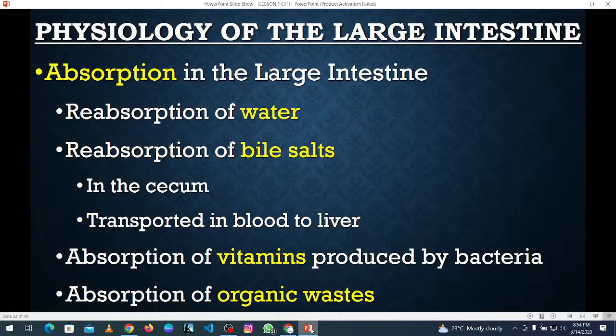So we see absorption of organic substances. We see absorption of certain vitamins produced by bacteria. Actually, in our system, we have more than 1 million bacteria in our gut. And these bacteria in the gut, there are good bacteria and then there are bad bacteria.